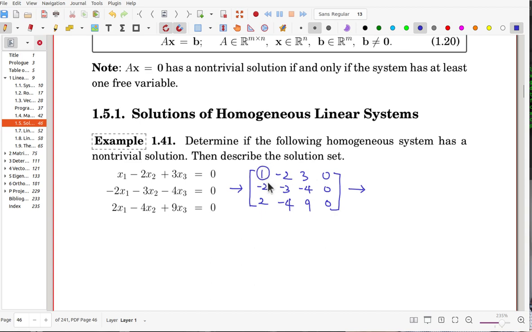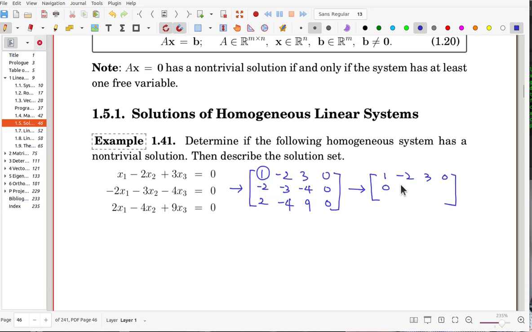Now this is a pivot, and we have to eliminate below the pivot. So the first row is not changed. Below it, add twice the first row, and then there will be 0.